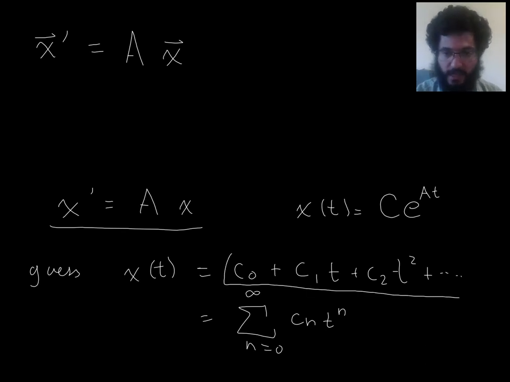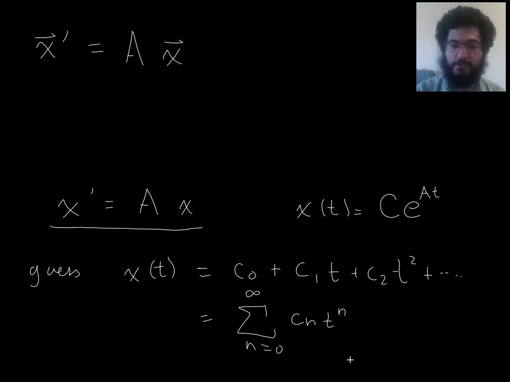And with these infinite series, you have to worry about convergence. Depending on the terms of the series, it might or might not converge. So what we're guessing is something that we hope converges, so that every time you put in a t, you get a real number out.